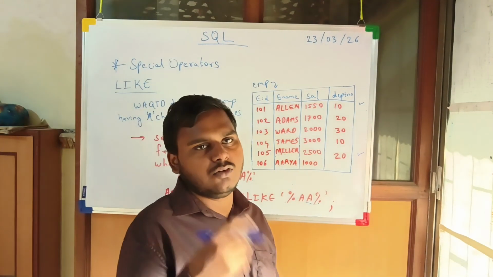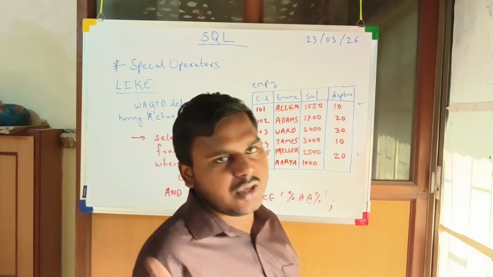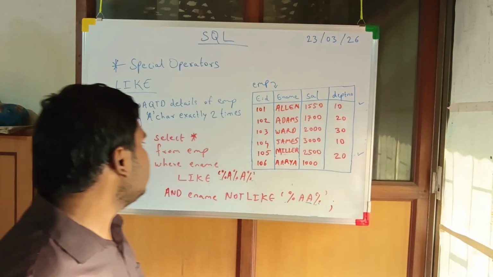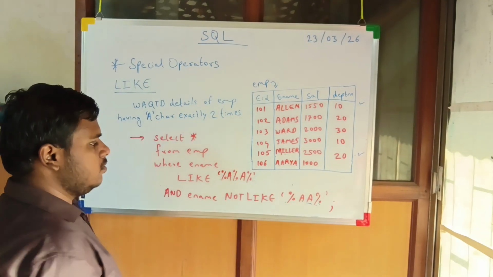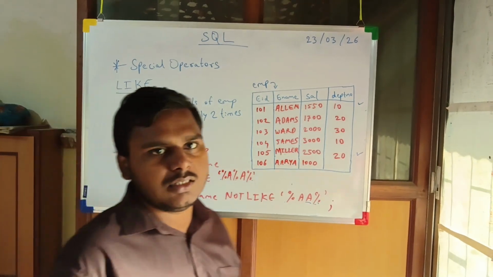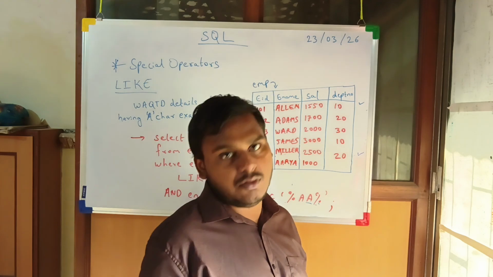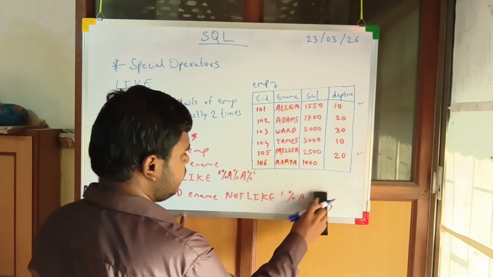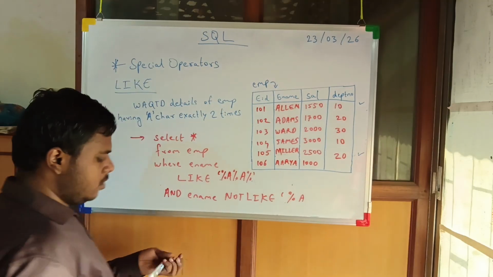Even if 1 A is there, I don't want it. Even if 3 A, 4 A, 5 A, I don't want it. This is okay because at least 2 I'm mentioning. Less than 2 is not okay, but greater than 2 I need to skip. So what should I do here? I need to do one small change.